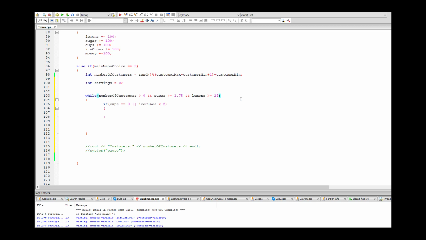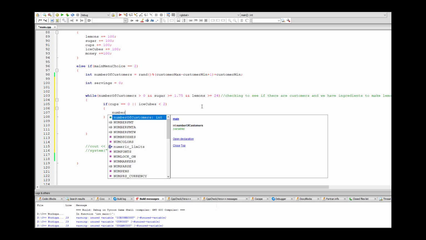I'll put a comment here: checking to see if there are customers and we have ingredients to make lemonade. So if the cups is equal to 0 or ice cubes is less than 2, then we can't serve anybody today.